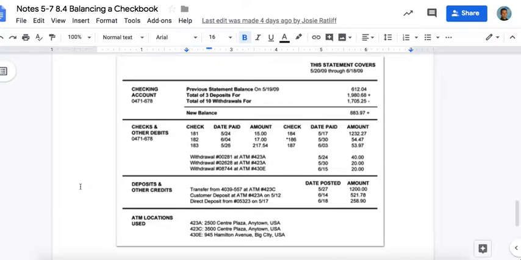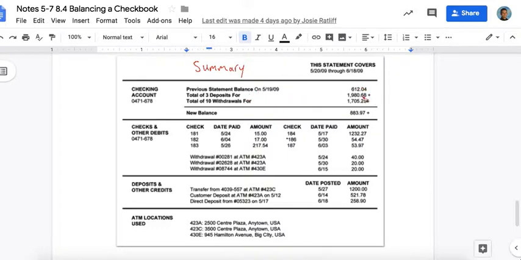So a statement is typically broken up into 4 parts here, and this first part right here is our summary. And notice up here, this tells us what the statement covers. So it covers from May 20th, 2009 to June 18th, 2009. And it tells us what our previous statement balance was.